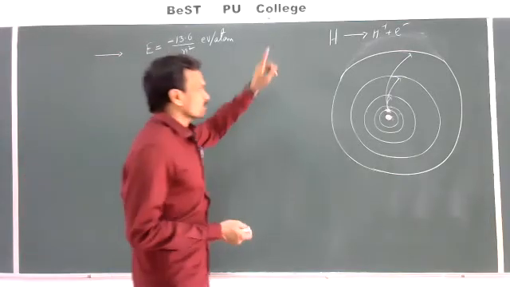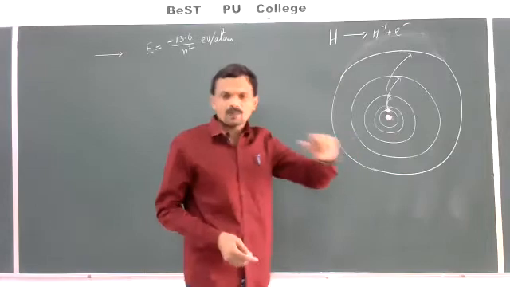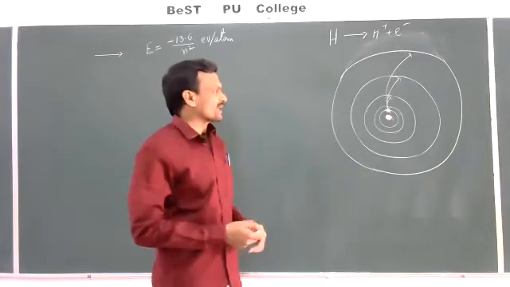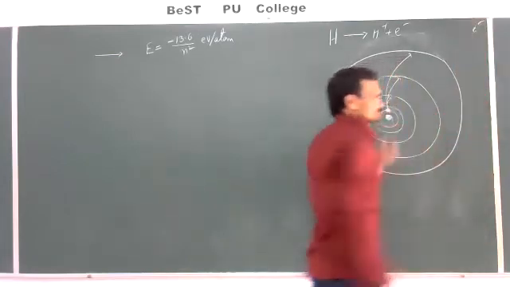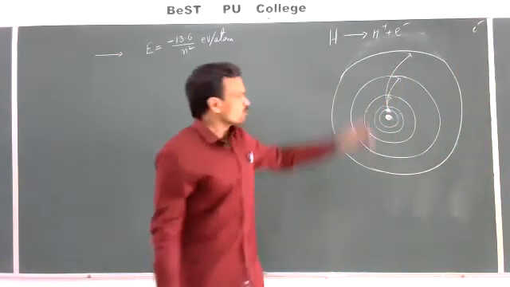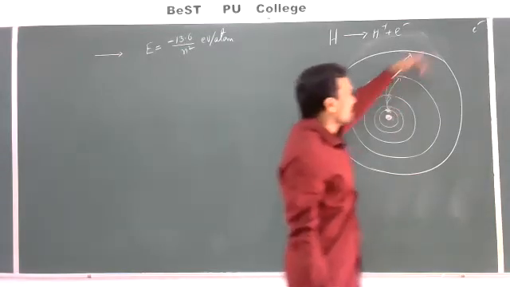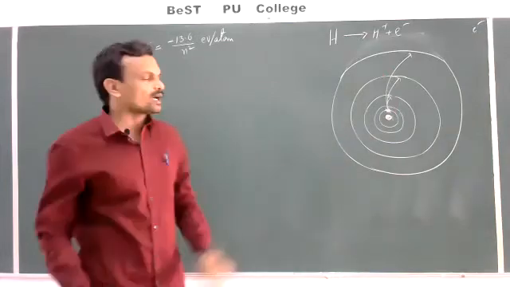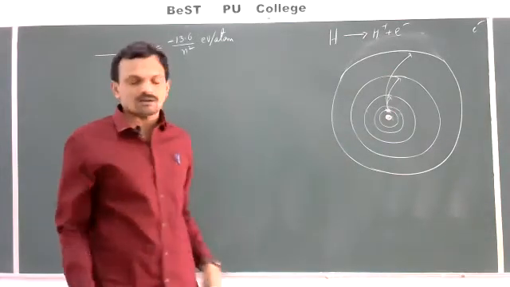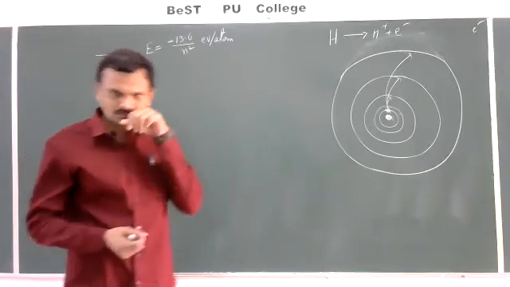An atom is said to be ionized if there is no force of attraction between the nucleus and the separating electron. We have to move the electron from this orbit up to a distance where there is no force of attraction between the nucleus and that electron. Then the atom is said to be ionized.